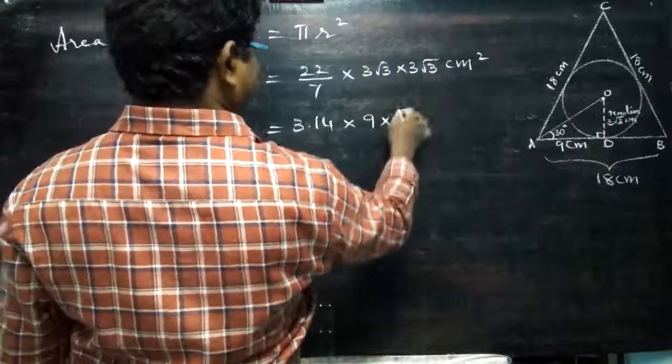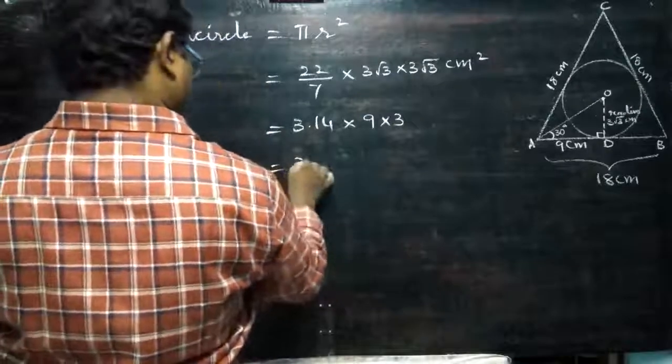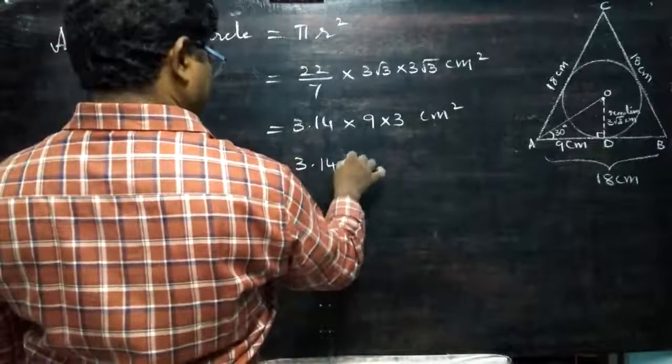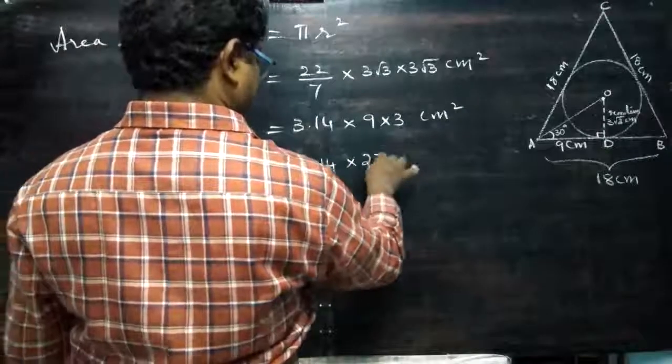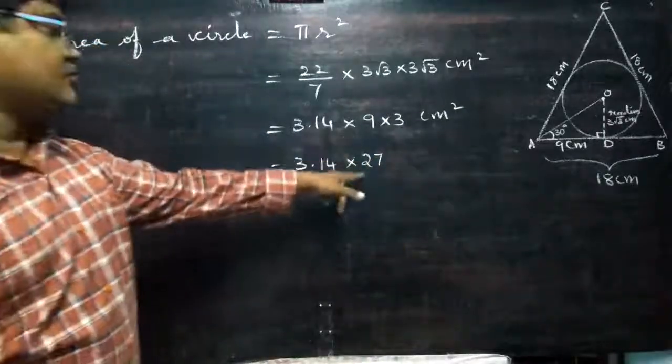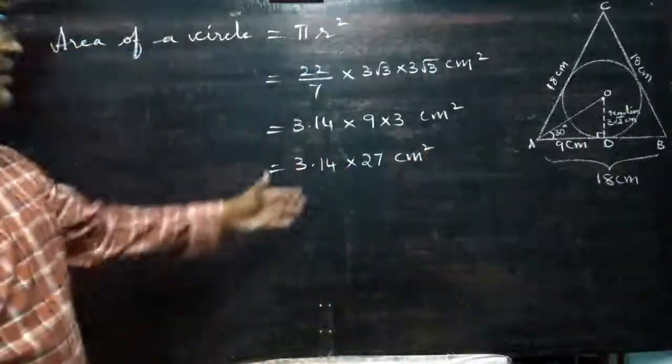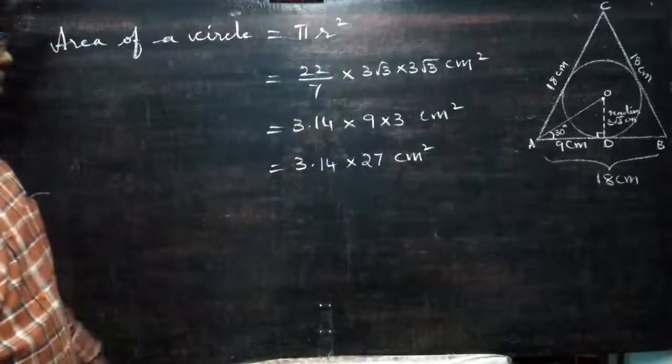Root 3 into root 3 is 3. So 3 centimeter square, don't forget. If I forget, please write. Don't be lazy, be crazy. 9 threes are 27 centimeter square. Compulsory you have to mention the measurements. By mistake if I forget anywhere, please write them.